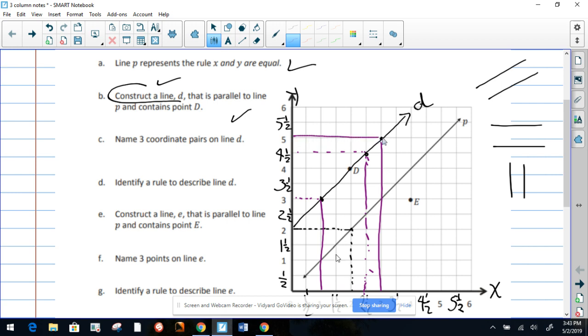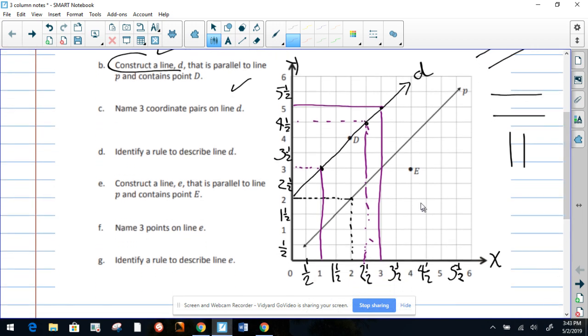So now I have my points. So if I look at this point, this is going to be, let me scroll this up a little, this point is going to be x is 3 and y is 5. So I'm going to write it over here. x is 3, y is 5.